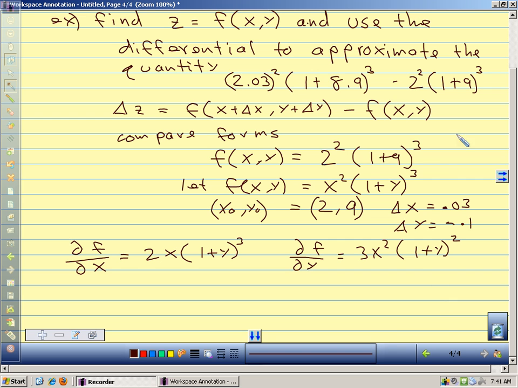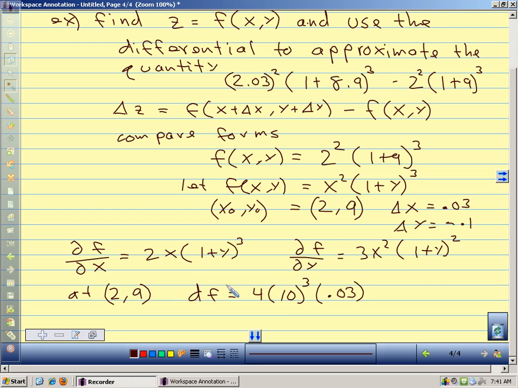So now we're going to calculate our differential. We're starting at our point 2, 9. df is going to be plugging in our numbers: 4 times 10 to the third times 0.03.